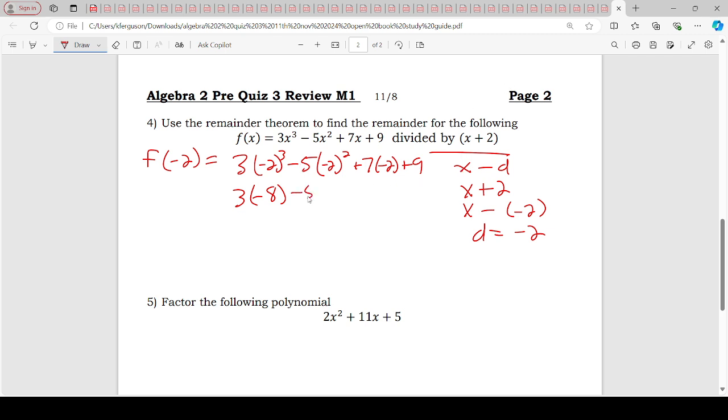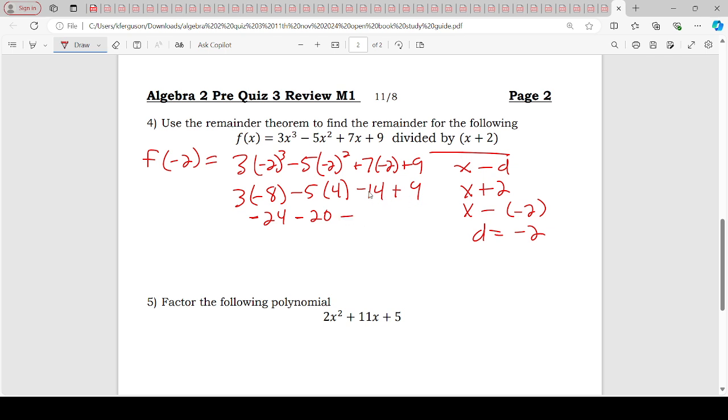Then I've got negative 5 times negative 2 to the second power. What's negative 2 to the second power? It's a positive 4. And now I've got a positive 7 times a negative 2. What's that? That's negative 14. And then plus 9. So 3 times a negative 8 is negative 24. Negative 5 times 4 is negative 20.